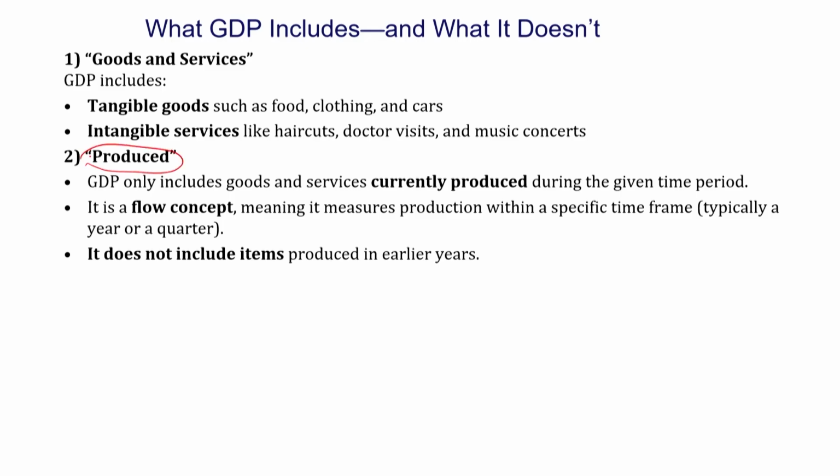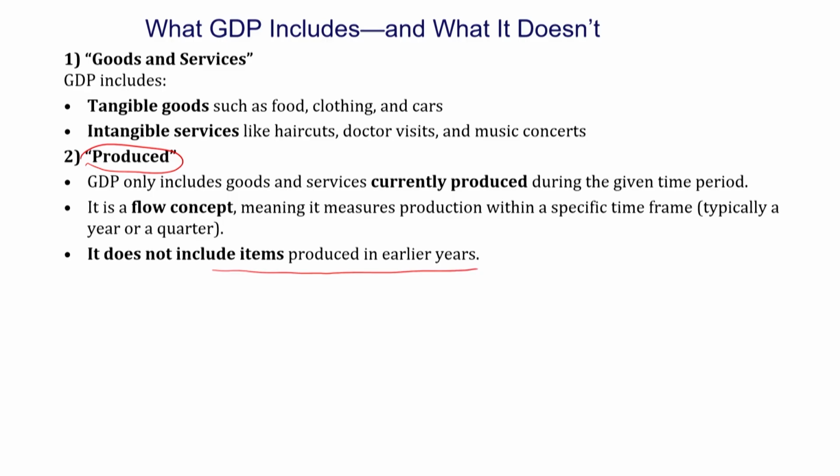So GDP only includes goods and services currently produced during the given period of time. It's a flow concept, meaning it measures production within a specified time frame, typically a year or a quarter. It doesn't include items produced in earlier years.